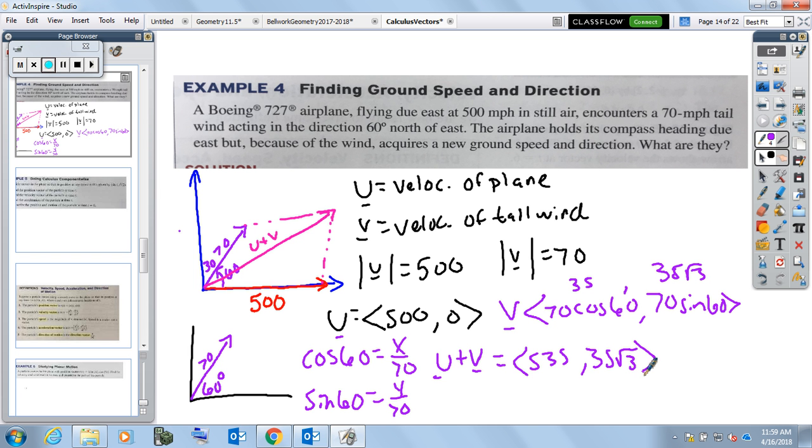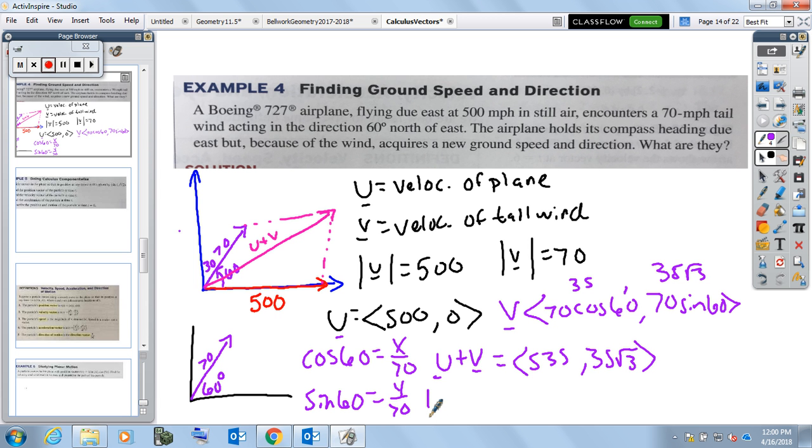But we're not quite done yet. It says, what is the new ground speed? So what is the miles per hour of u plus v? Well, I need to find the magnitude of our u plus v, our resultant vector.